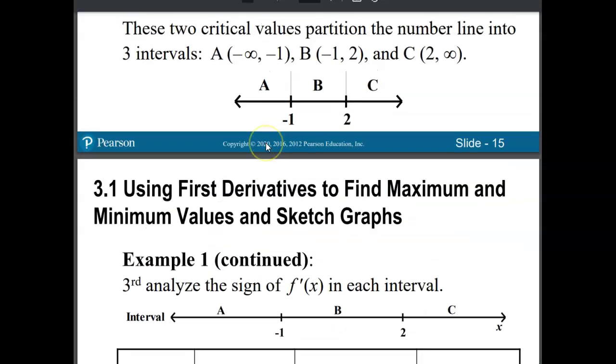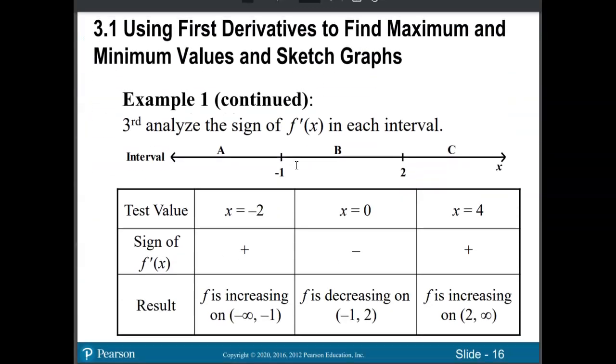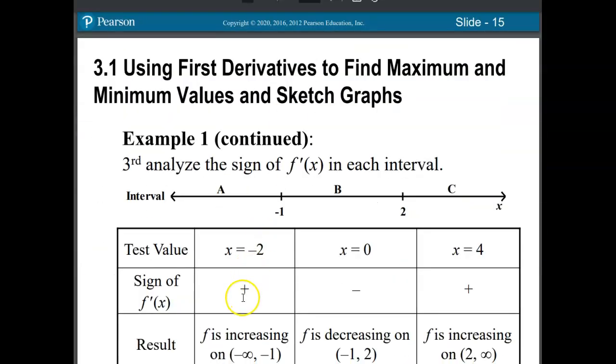Any of these forms are equivalent, so let's plug it into the factored form, x minus 2 times x plus 1. -2 minus 2 is -4, and -2 plus 1 is -1. Two negative numbers multiplied together is a positive. So that's how they labeled this as a positive.